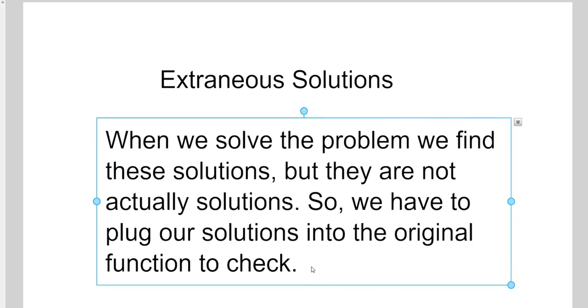But we'll see some more of that later today. But first of all, let's think about ways that we will be able to solve these. So let's look at our simple example.